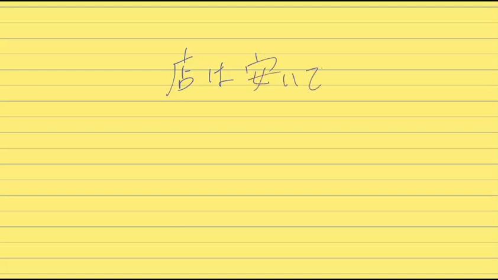Let's have a look at another example. Now I might say 店にお店は安いです. So the shop is cheap. At the moment, the word shop does not have much information.